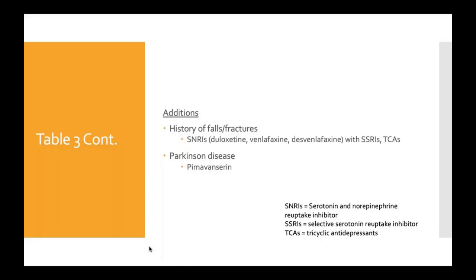This is a newer agent that's come out, and its indication is for psychosis with Parkinson's. The mechanism of action is that it primarily acts on serotonin receptors and does not have an affinity for dopamine receptors, which is what makes it ideal in this setting.